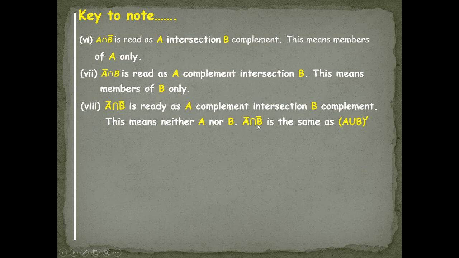The elements not in A and not in B are the same as the elements outside the union but within the universal set.